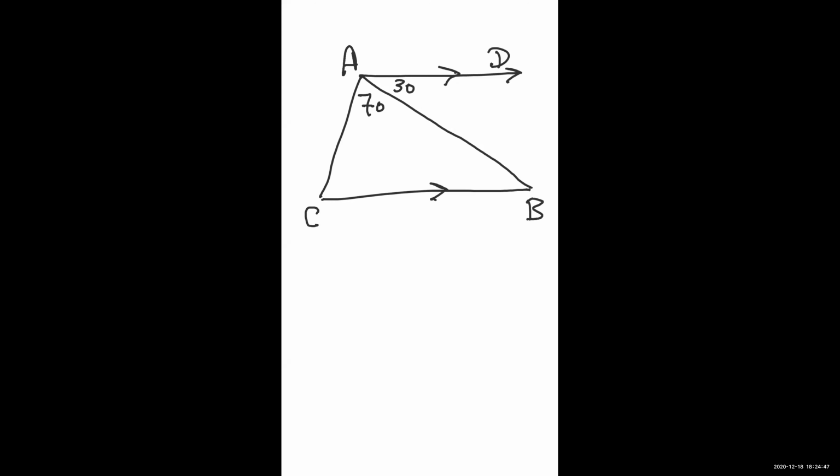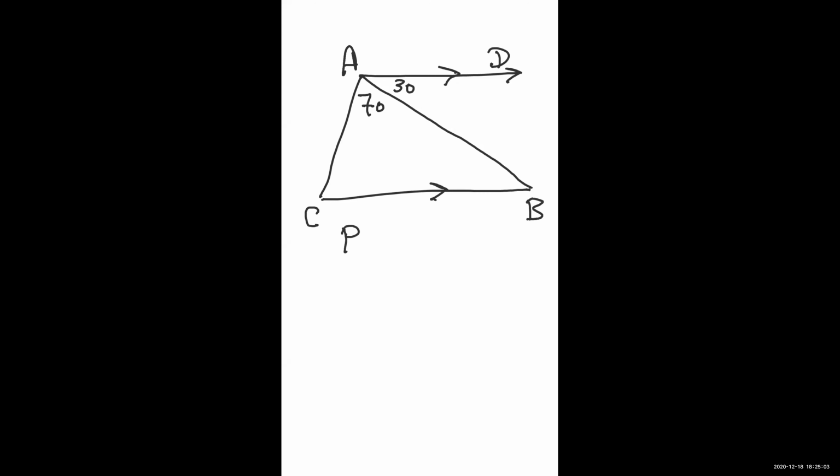So in this question, ABC is a triangle in which the measurement of BAC is 70, and AD is parallel to BC, and the measurement of DAB equals 30.